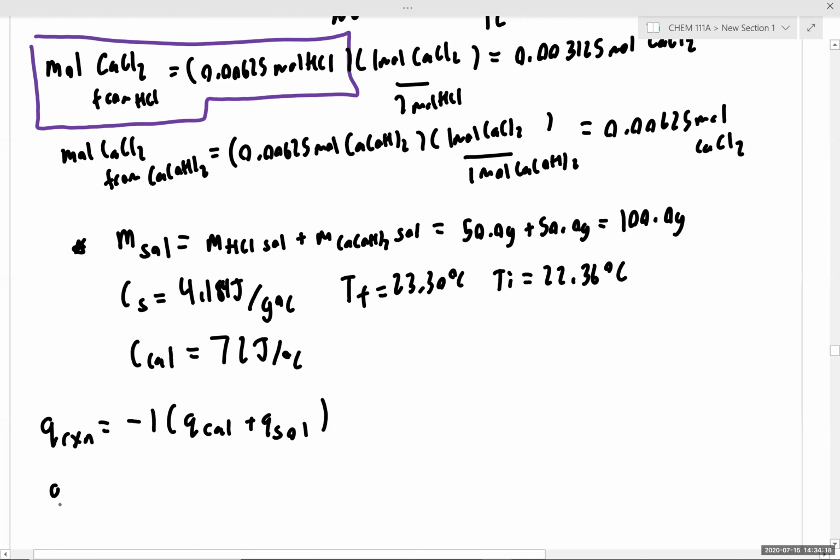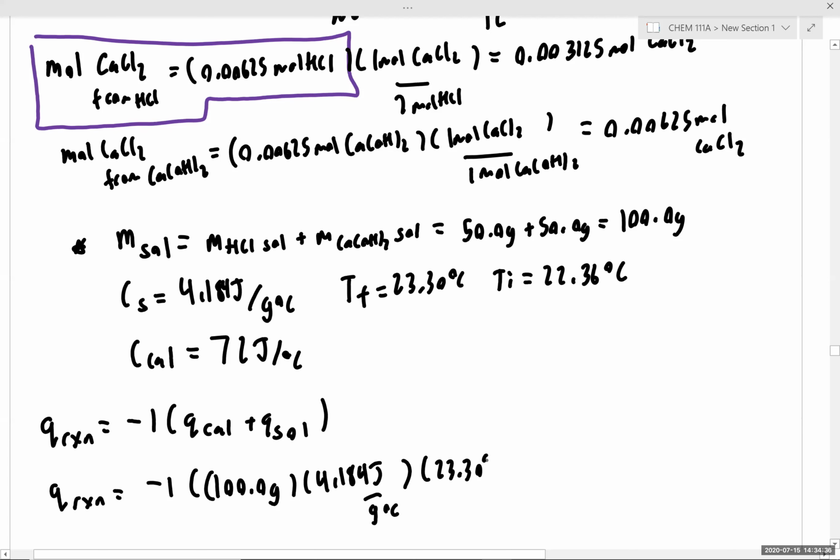Okay, so then Q reaction is equal to -1 times the mass of the solution, which is 100.0 grams, times the specific heat, which is 4.184 joule per gram degree Celsius, times T final, which is 23.30, minus T initial, which is 22.36 degrees Celsius.